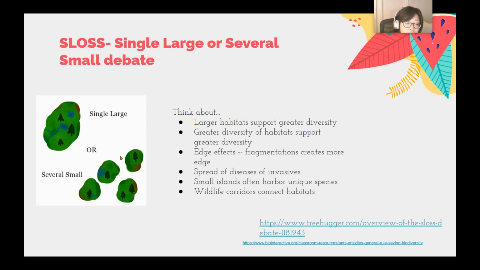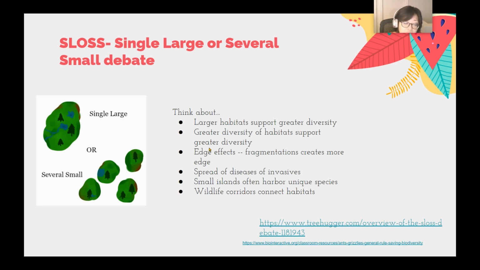But if there was a choice, or if you have to think about it, is it better to have one large intact ecosystem, or try to have several small ones that collectively might have a large area? Right. It actually turns out to be not a simple solution. It really depends. And these are some of the things that you've got to think about.